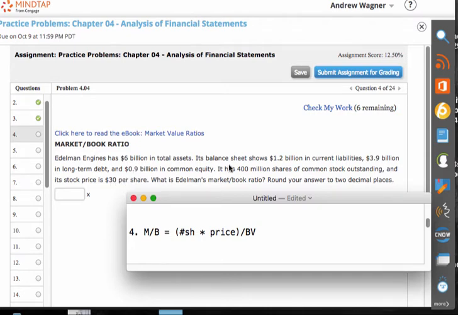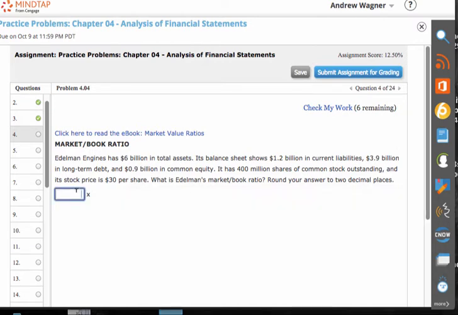So that would be 400 million times 30, all divided by 900,000. And when I do that, I get, I hope this is right, 13.33 to 2 decimal places.